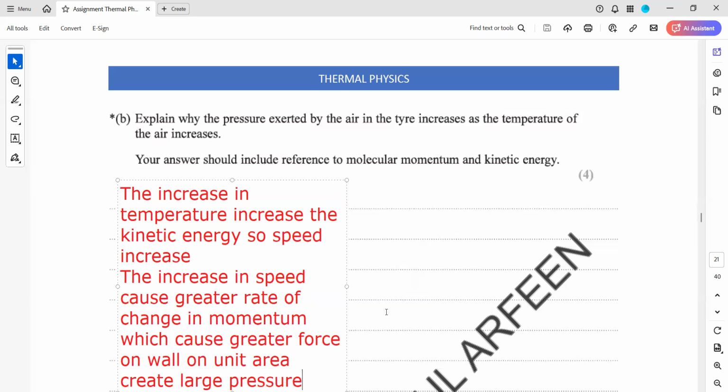So that is how you relate the kinetic energy with the momentum. Is this question clear?